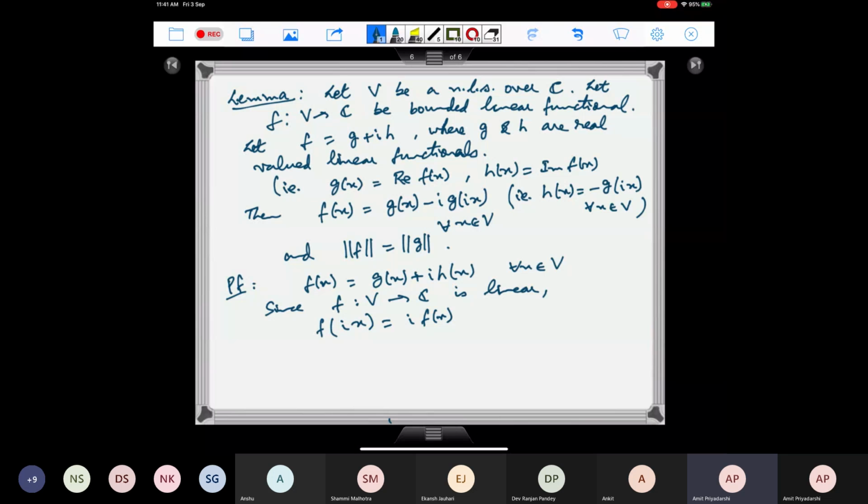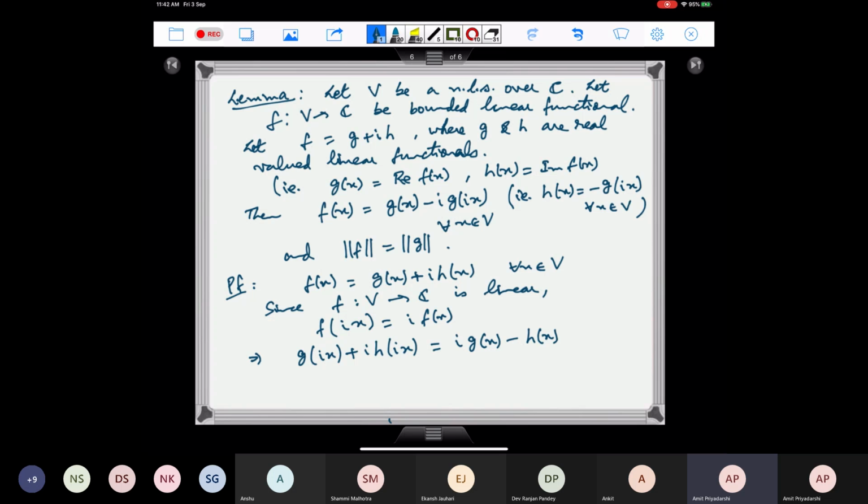Right? This is by the linearity. So this will imply, first of all, f of iota x is equal to g of iota x plus iota times h of iota x, which is equal to iota times f(x). This is equal to iota times (g(x) plus iota h(x)), which gives minus h(x) plus iota times g(x).